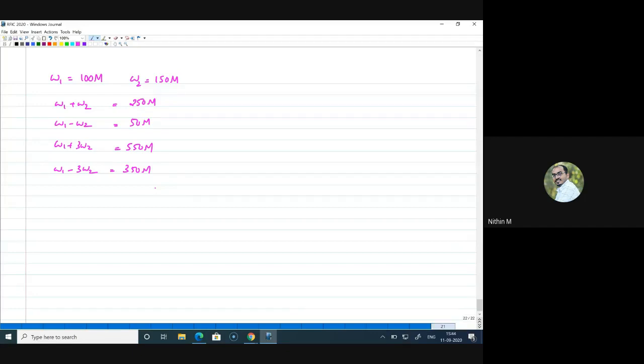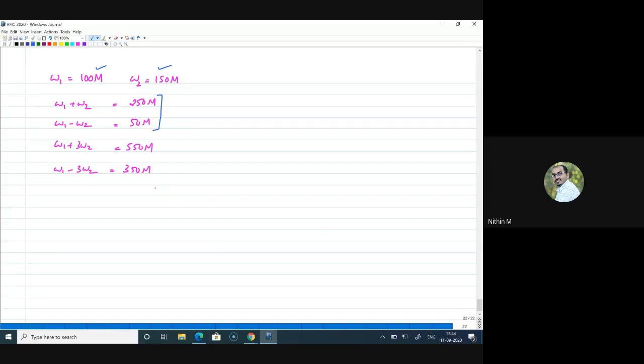What we can infer from this is that your actual frequency components are 100 mega and 150 mega, and what I am expecting at the output of this multiplier is either the sum or the difference component. Depending on your need, you can filter and take out either the sum or difference component.